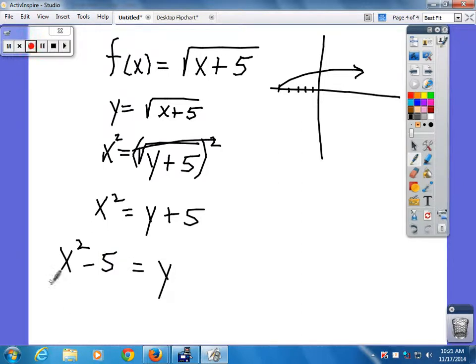Now x squared minus 5 is going to be a parabola with what? A vertical shift of what? Right. Vertical shift down. 1, 2, 3, 4, 5. Now a lot of you say, well, Hubert, that don't look anything like a parabola. Yes, it does.